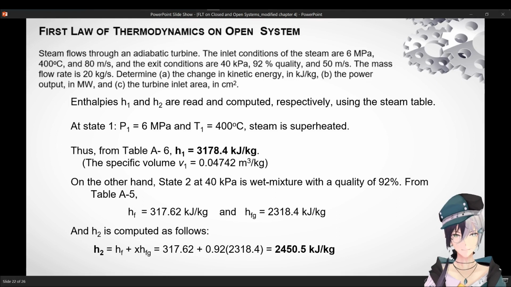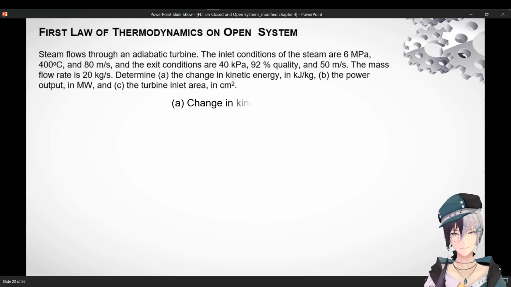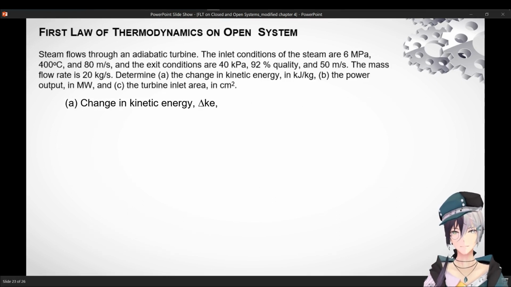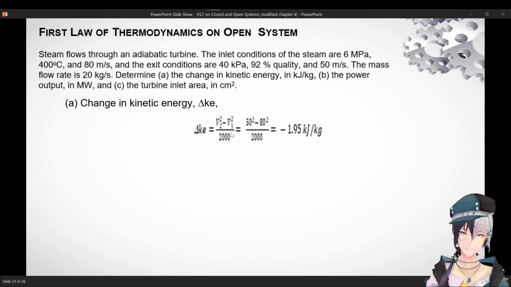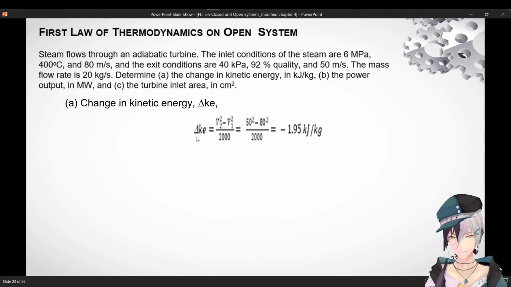So what else do we need? So, change in kinetic energy. This is readily available. Again, the formula, of course, is 1/2 mv squared.